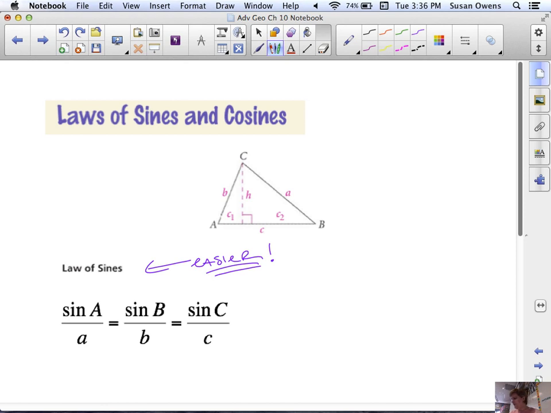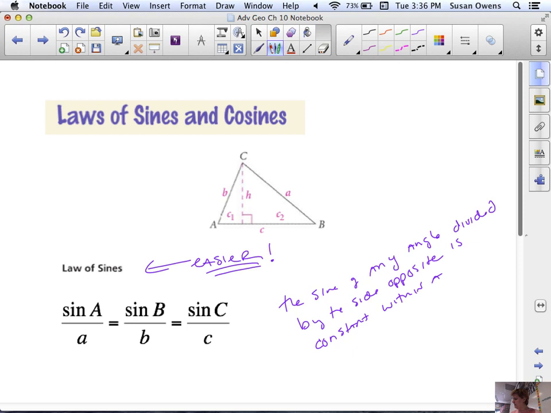Basically, we can break this down: the sine of any angle divided by the side opposite is constant within a triangle.